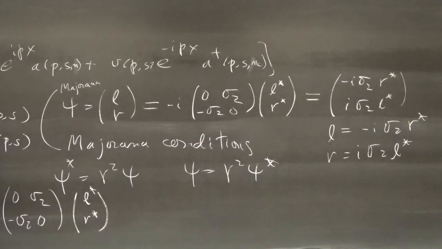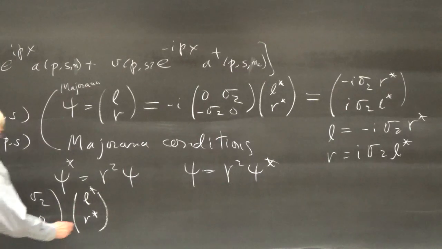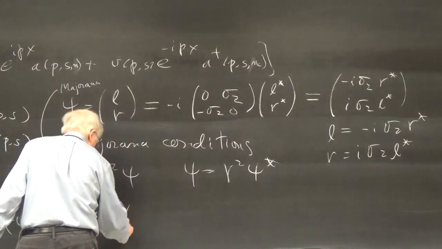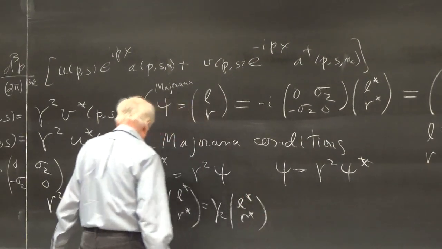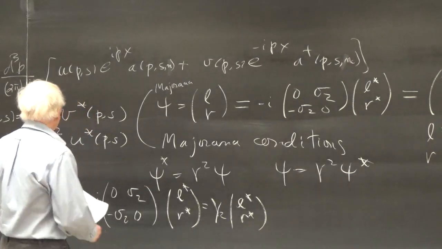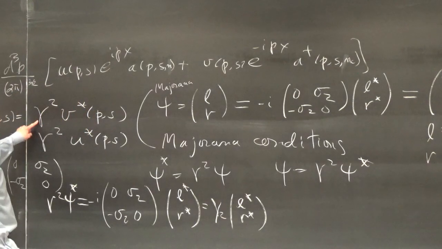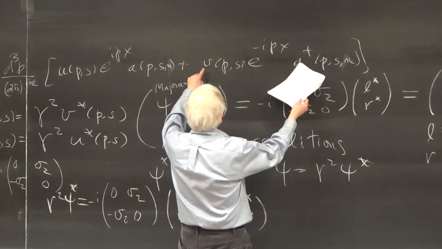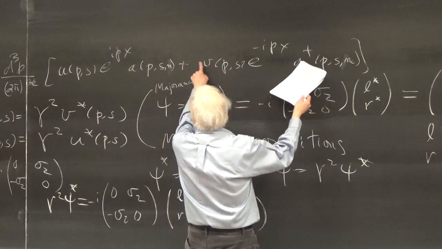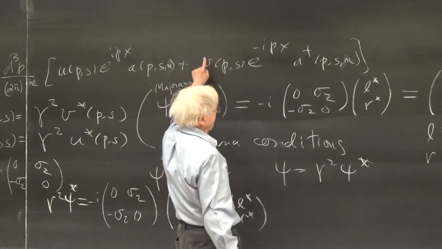Okay, so this is gamma 2 psi star is equal to that. But now, what is L star? Well, in L star, in fact, we have gamma 2, L star R star. And if we have a gamma 2, when we take the star, this turns into an A. We've starred this. Gamma 2 V star is U, so now we have U A.